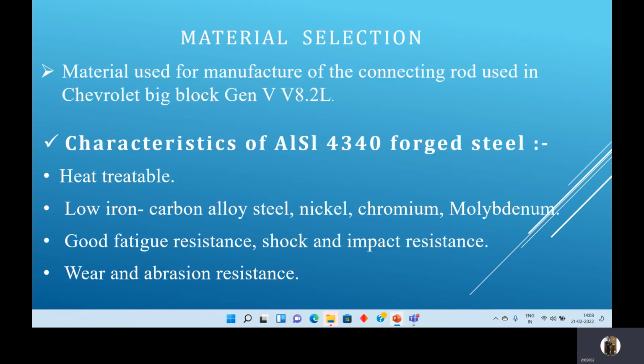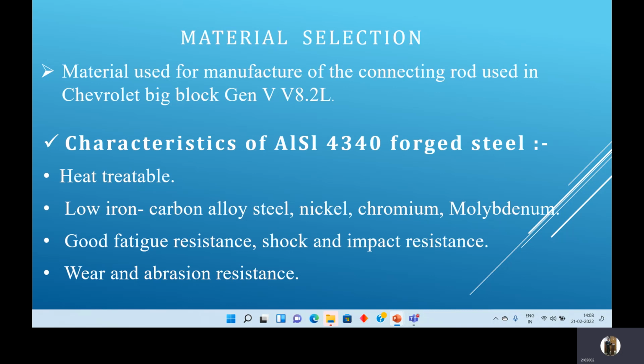So here is the detailed process. First, material selection. The material used for manufacturing the connecting rod, as used in the Chevrolet big block Gen V 8.2L engine, is forged steel. Here are the characteristics of AISI 4340 steel.